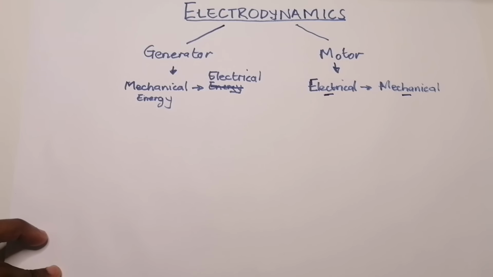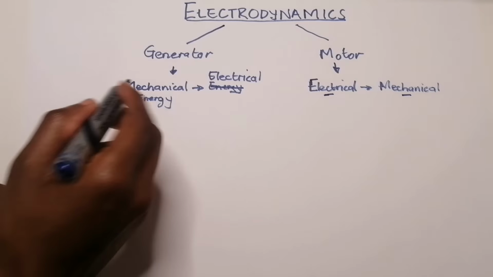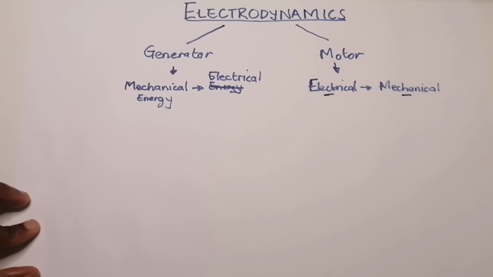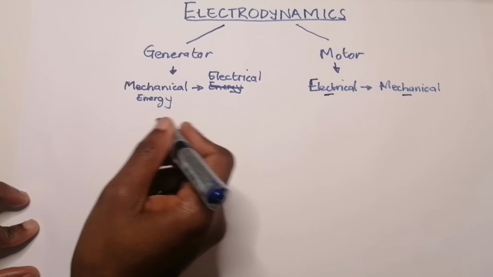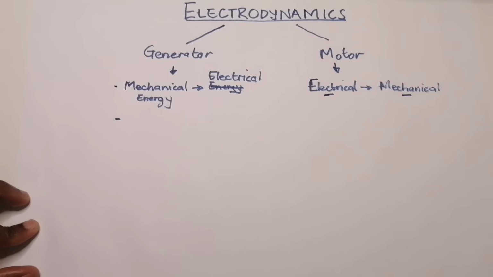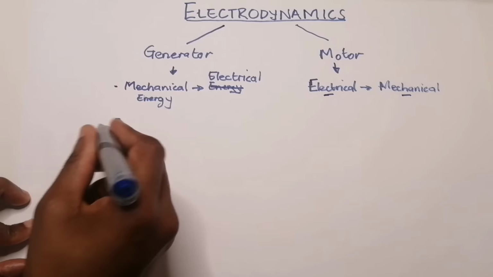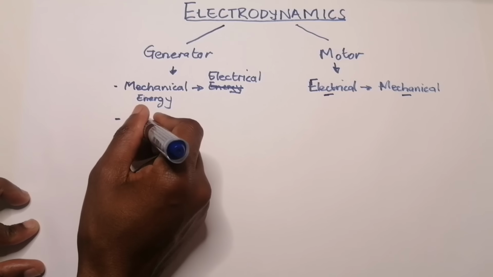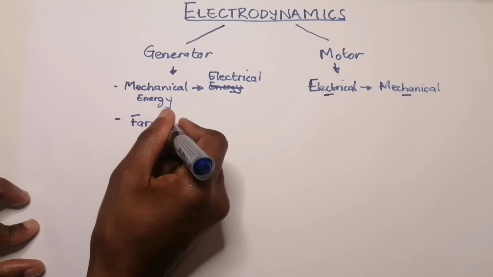Now I just quickly want us to talk about how these operate. On what principle of physics does a generator operate? Essentially, a generator uses what we call the law of electromagnetic induction, or simply put, Faraday's law.